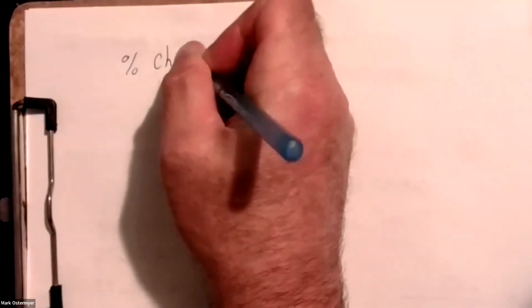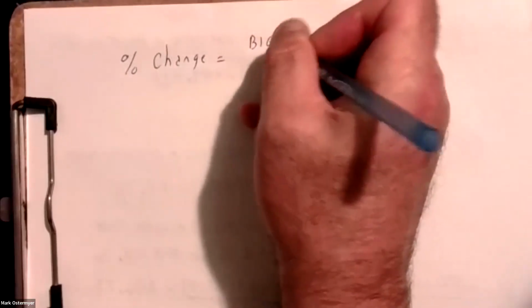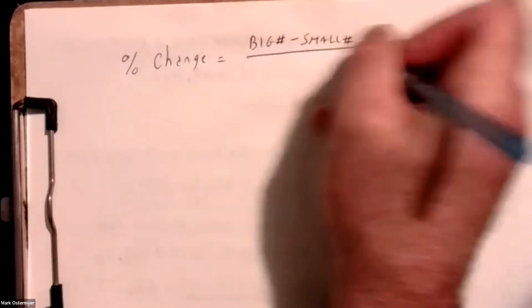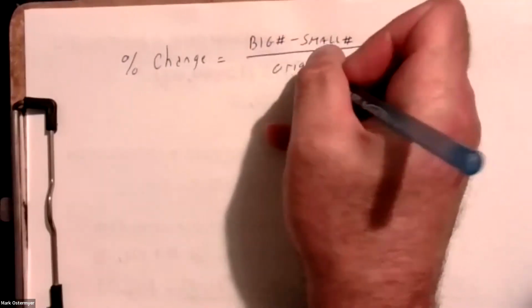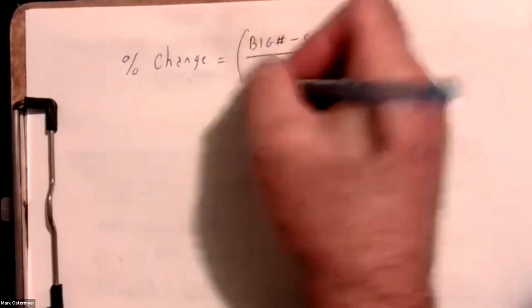And I did give you a nice formula for doing that. You can call this a percent change formula in general: big number minus the small number, divided by the original number, and you multiply this by 100%.